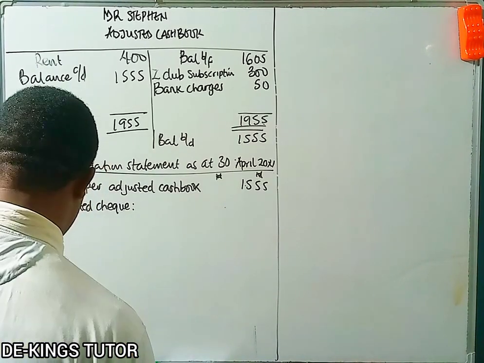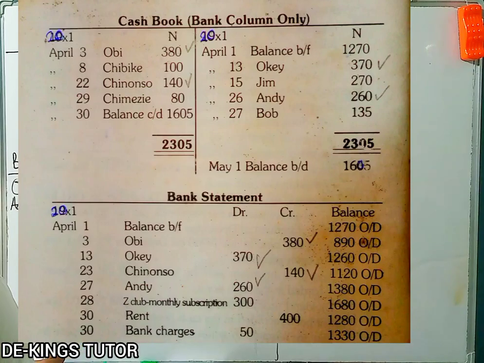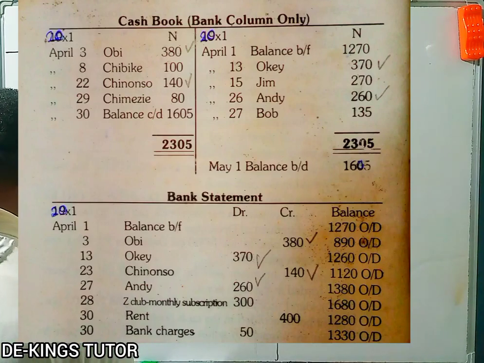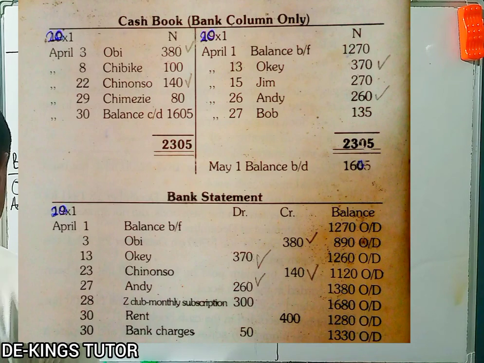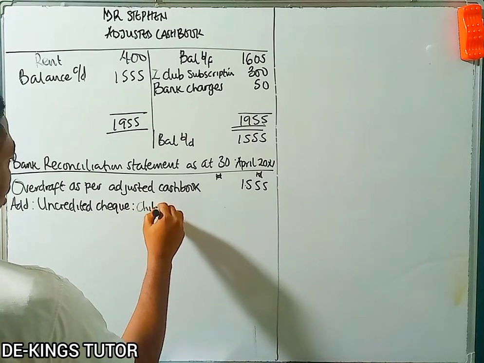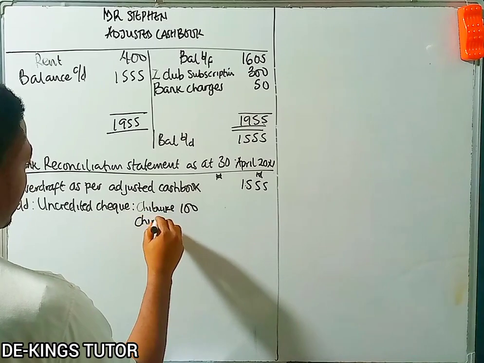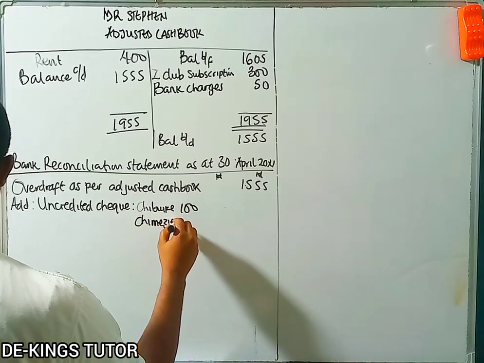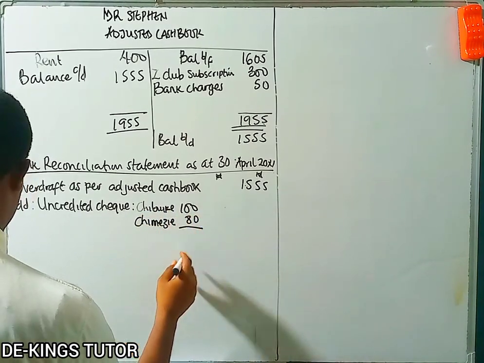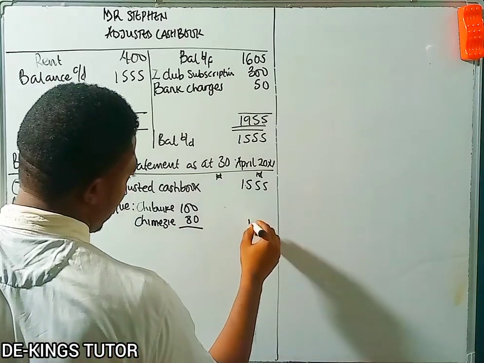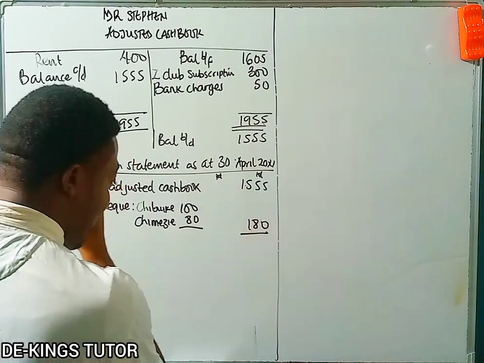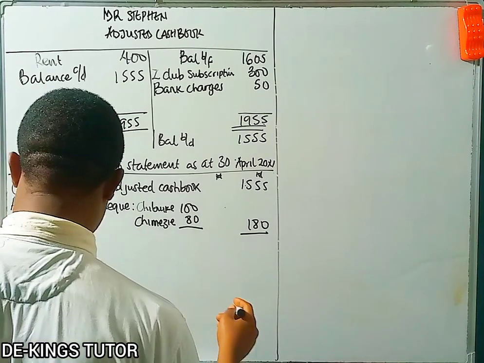After ticking, the two items at the debit side of the cash book not at the credit side of the bank statement are Chibike, which is 100, and Chimeze, which is 80. That gives us 180.